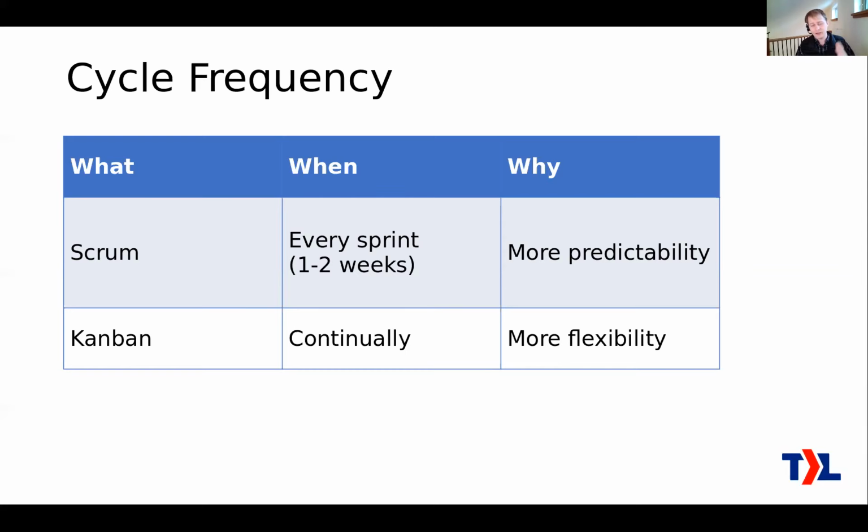Kanban, and by the way, Scrum uses Kanban boards to visualize the work. What is more specifically Kanban practice is that you're doing this cycle continuously. You don't decide on the length of a sprint. You're just always going through the cycle. But basically, as a project manager, you just need to make sure you're barely staying ahead of your engineers. You don't want your engineers to run out of work, but you don't want to get too far ahead of them either.